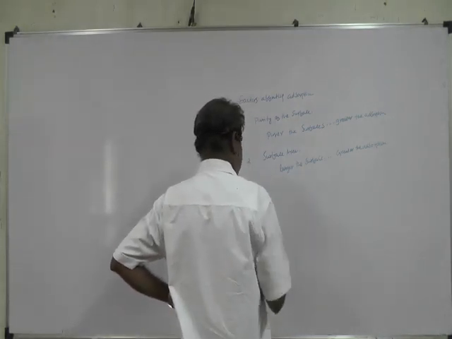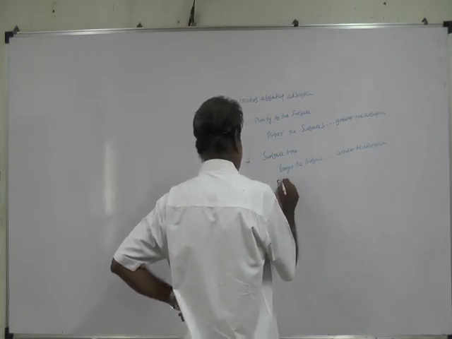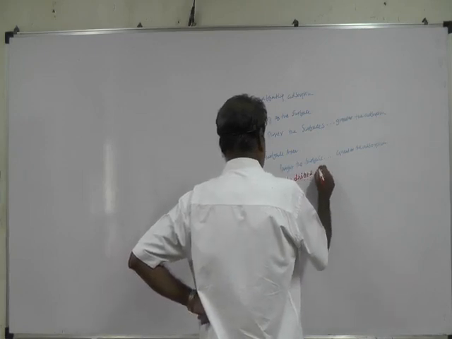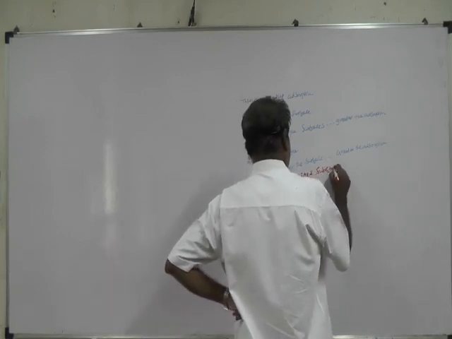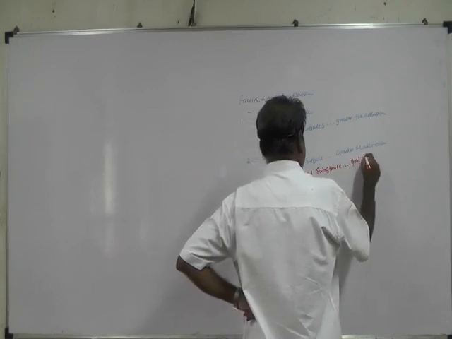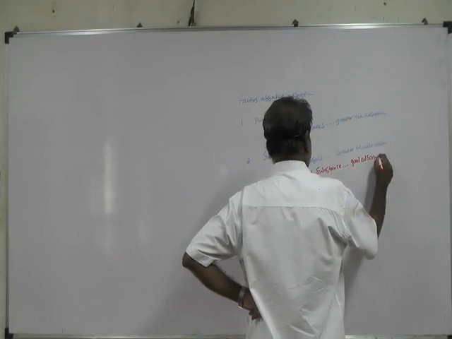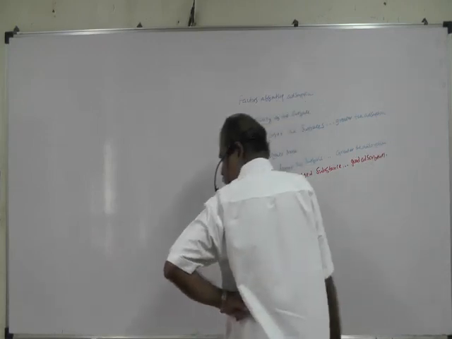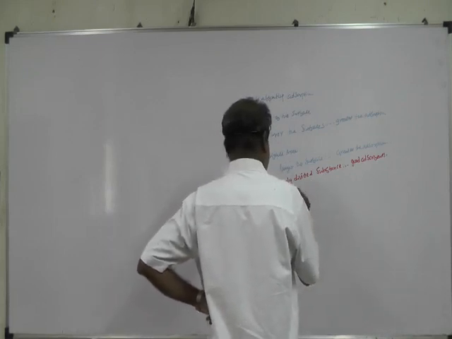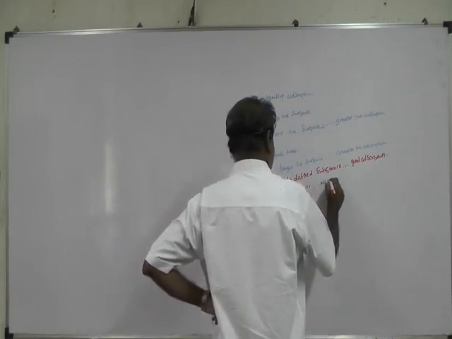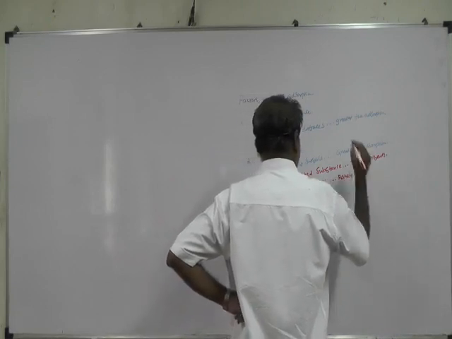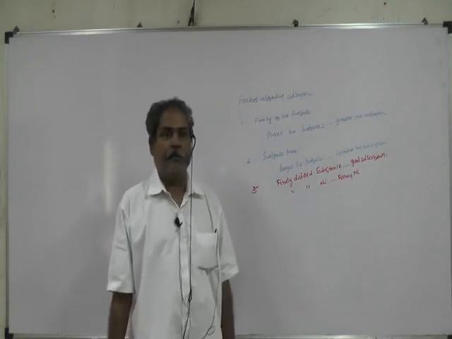And how do we get larger surfaces? Finely divided substances are good adsorbents. Finely divided nickel is called Raney nickel. It is mostly used in catalysis.